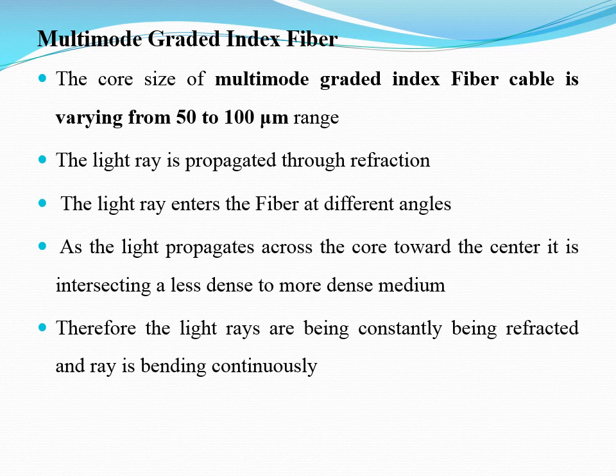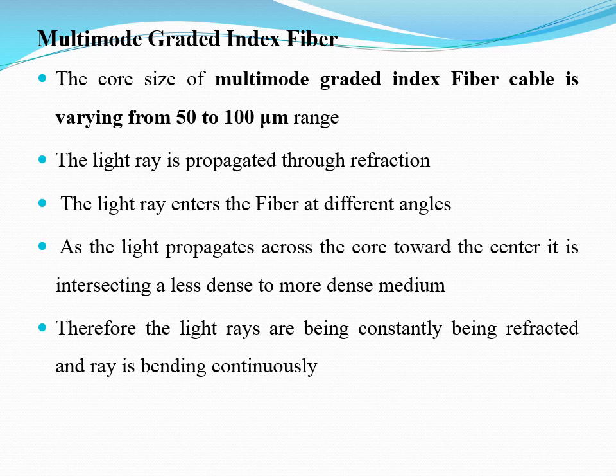Then multimode graded index fiber. The core size of a multimode graded index fiber varies in the range of 50 to 100 micrometer. The light ray is propagated through refraction. The light ray enters the fiber at different angles.